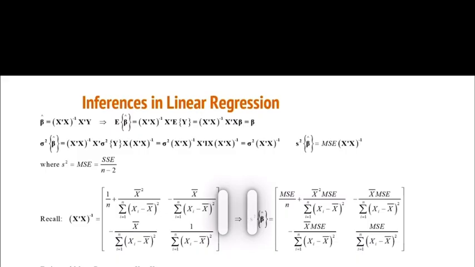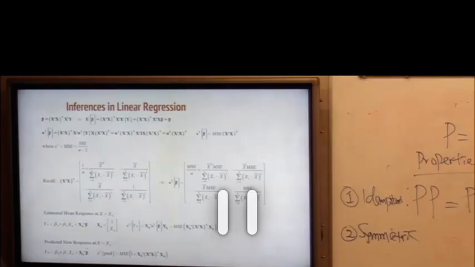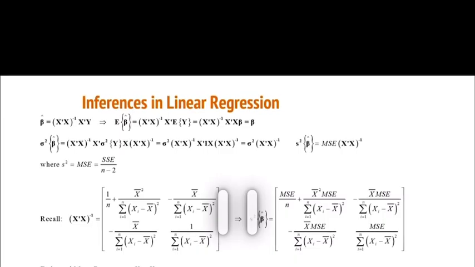If I want to get an interval estimate for the average, you remember we make use of a particular variance the other time. When you want to do it for an individual, you remember we're going to have 1 plus, right? Do you see the 1 plus? You understand? That was when we talked about the prediction interval and the confidence interval.